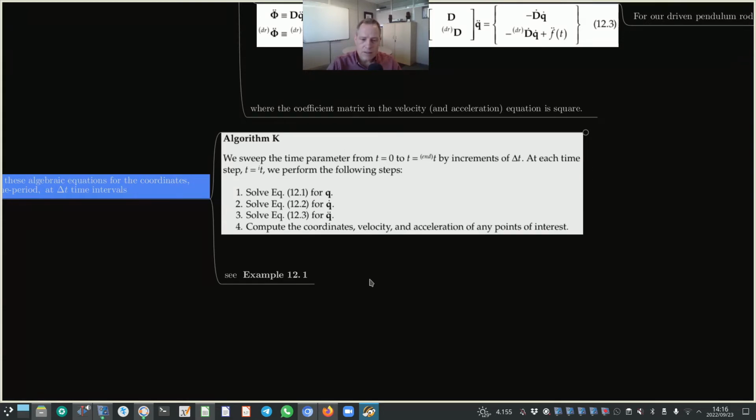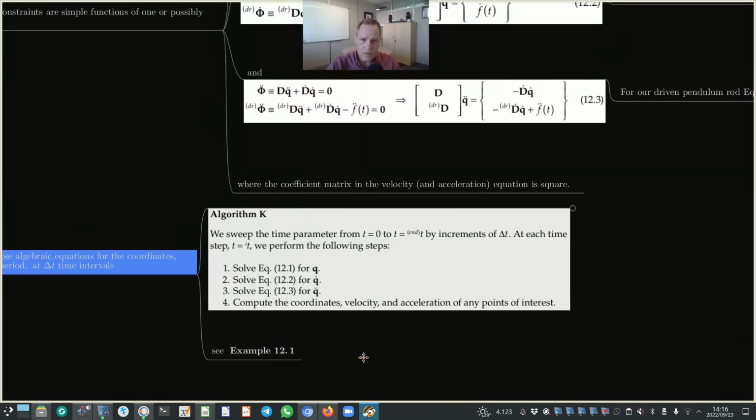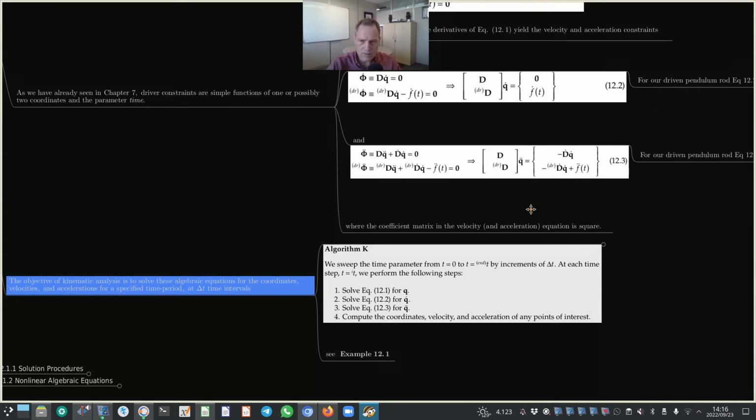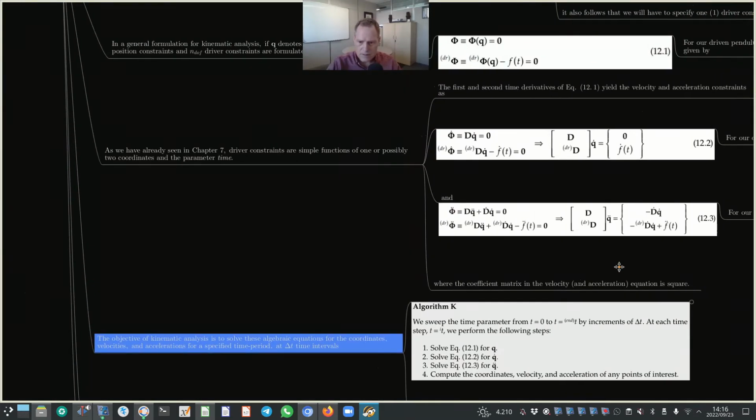We solve equation 12.1 for q, we solve equation 12.2 for q dot, and we solve equation 12.3 for q double dot. Then we have the positions, velocities and accelerations of our mechanism. And then we compute the coordinates, velocities and accelerations of any points of interest.